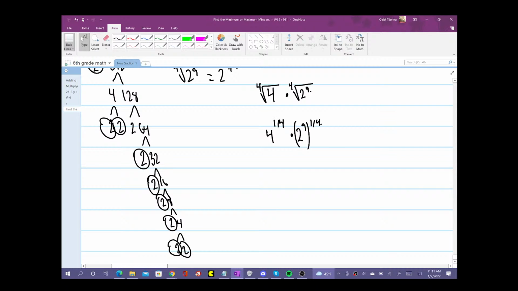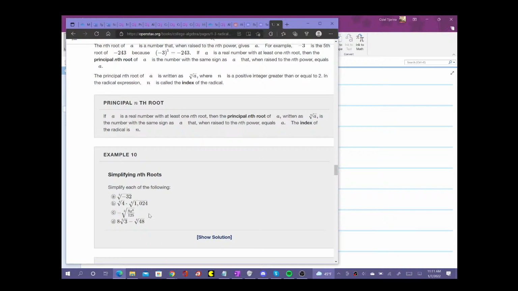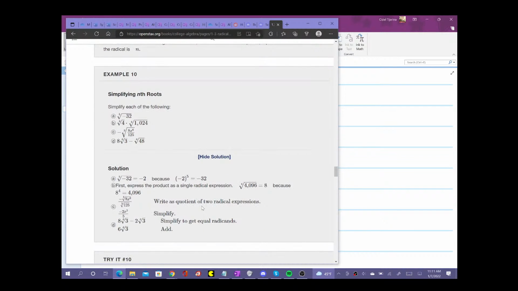So the thing is, they do not have the same, let me see how they do it, because it's really, really tricky.